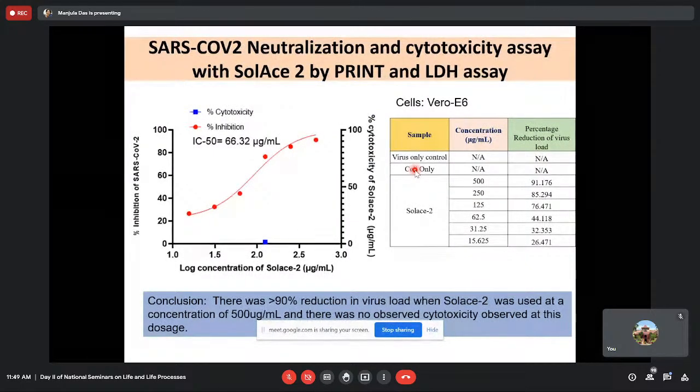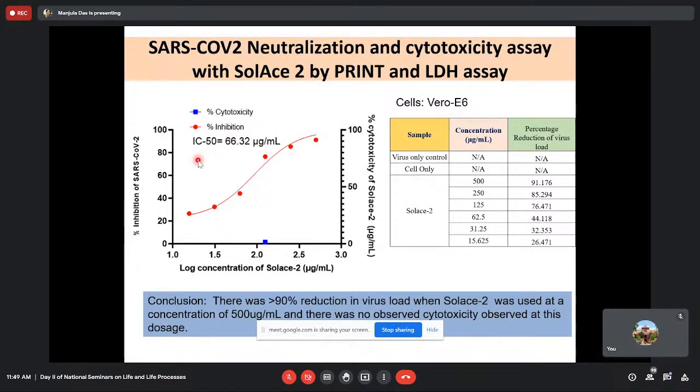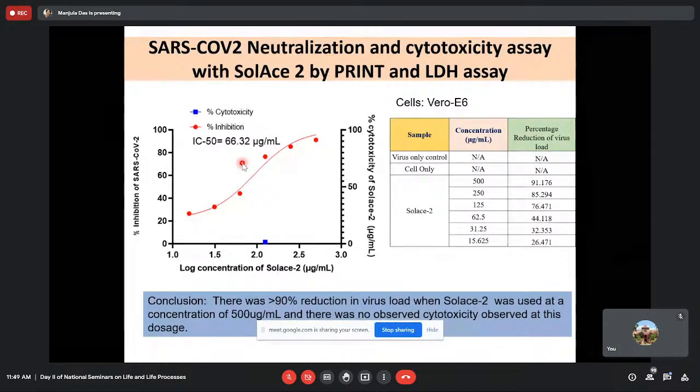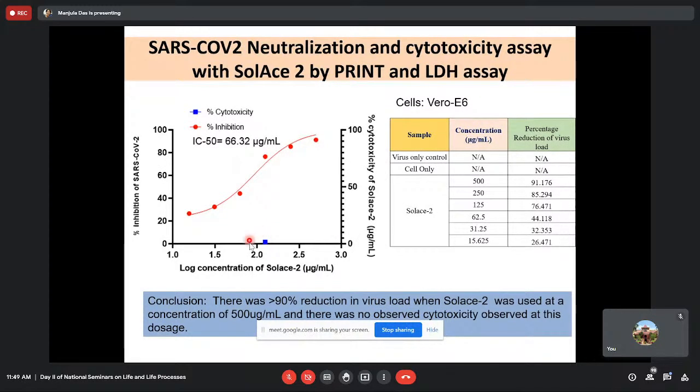With this, we went ahead and used our Solase2 protein for the PRNT assay. As a biomolecule, though we don't expect the IC50 to be lower than this double-digit number, we got a very good IC50 with a biomolecule, which is a much larger molecule than the small remdesivir. The cytotoxic effect, as expected, is much lower compared to remdesivir.